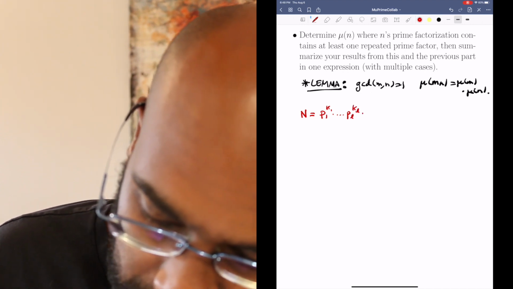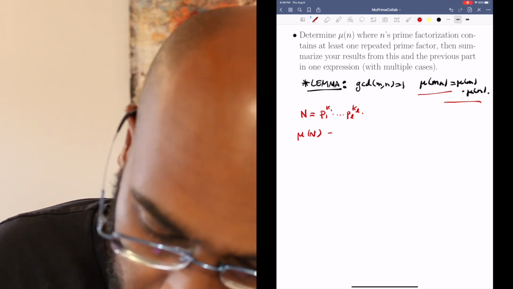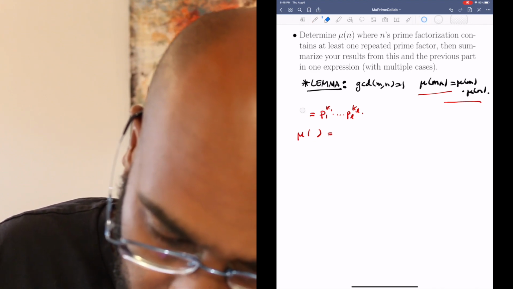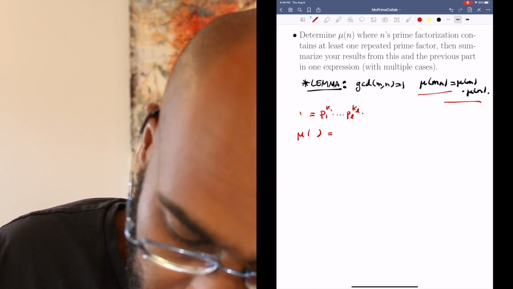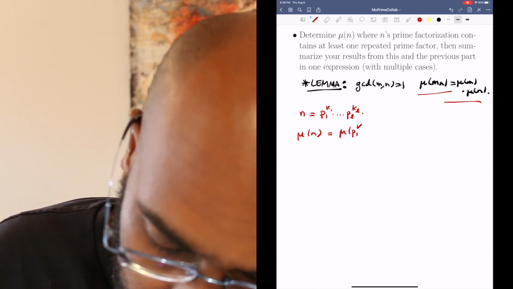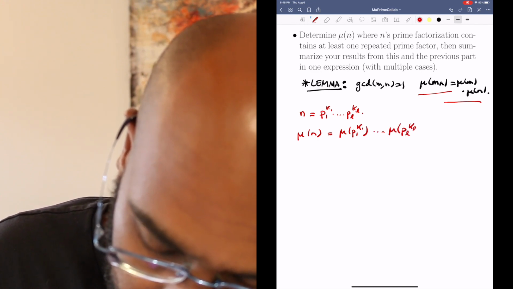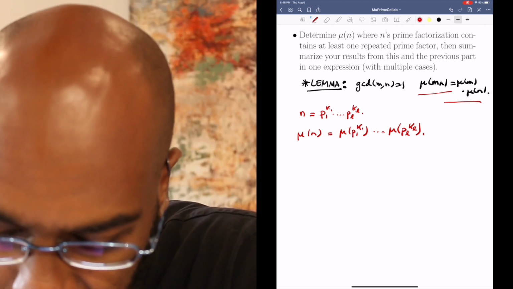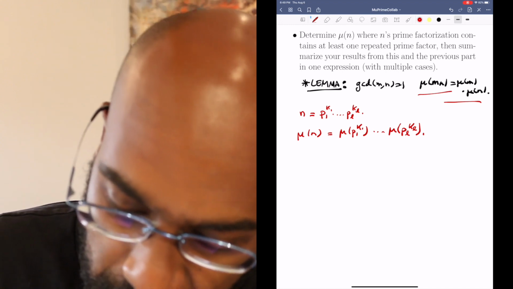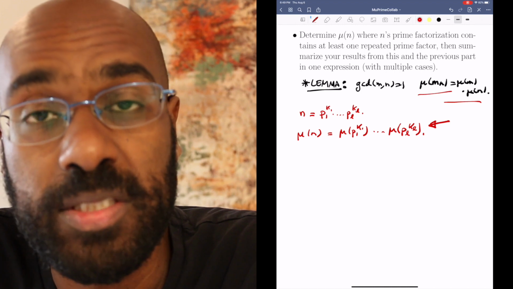Then, if we use this inductively, mu of n is going to be mu of p1 to the k1 up to mu of pl to the kl. So if we want to figure out what mu of n is for a general positive integer n, we can just look at powers of primes and see what the consequence is on this entire expression.